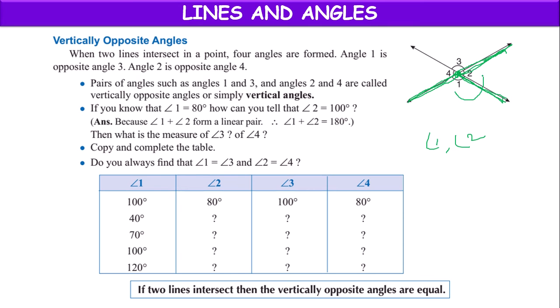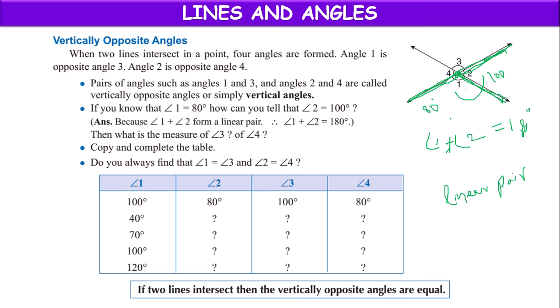So these two angles form a linear pair, which means the sum of the two angles is always equal to 180 degrees. If one angle is 80, the other angle we can take as 100. The sum of the two will always be equal to 180 degrees.